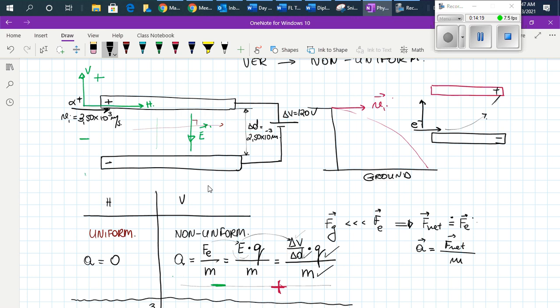So now the vertical and horizontal axes will be this way. Since it is moving up, then acceleration will be positive and y will be positive as well. So just tweak a bit.